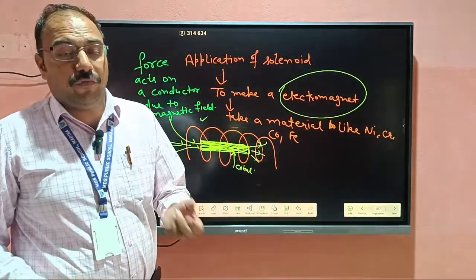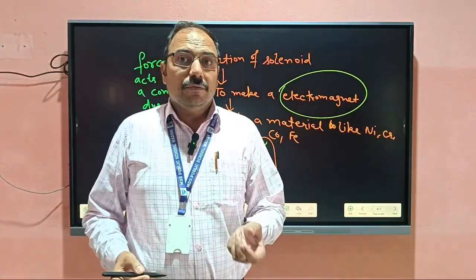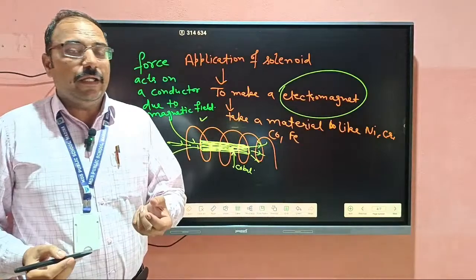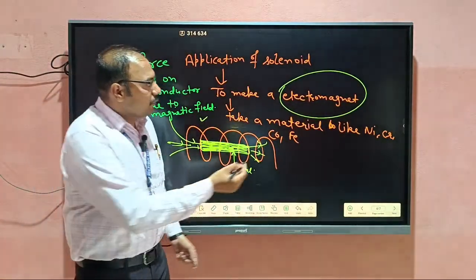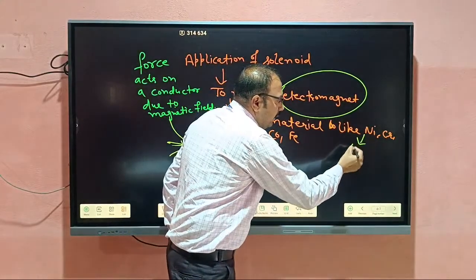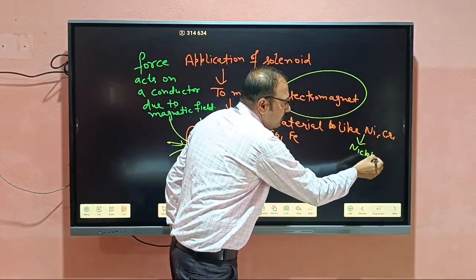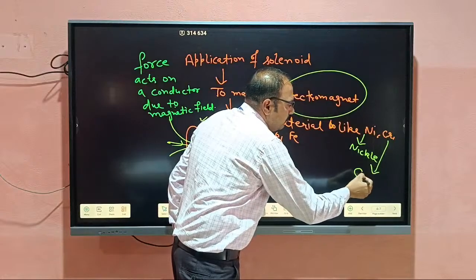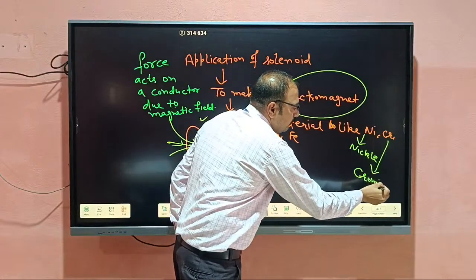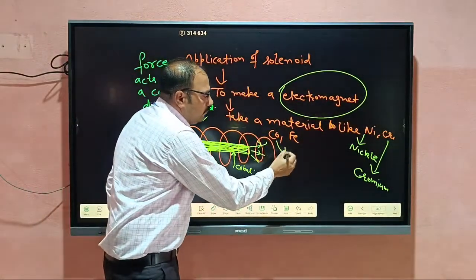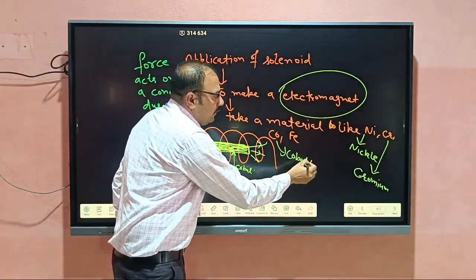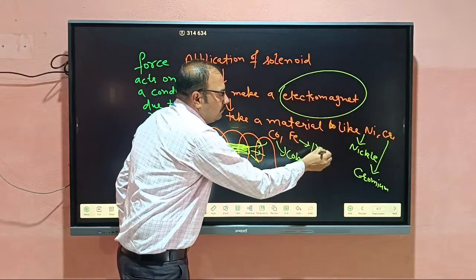We take a piece of metal like chromium and nickel. These are the metals: nickel, chromium, cobalt, and iron.